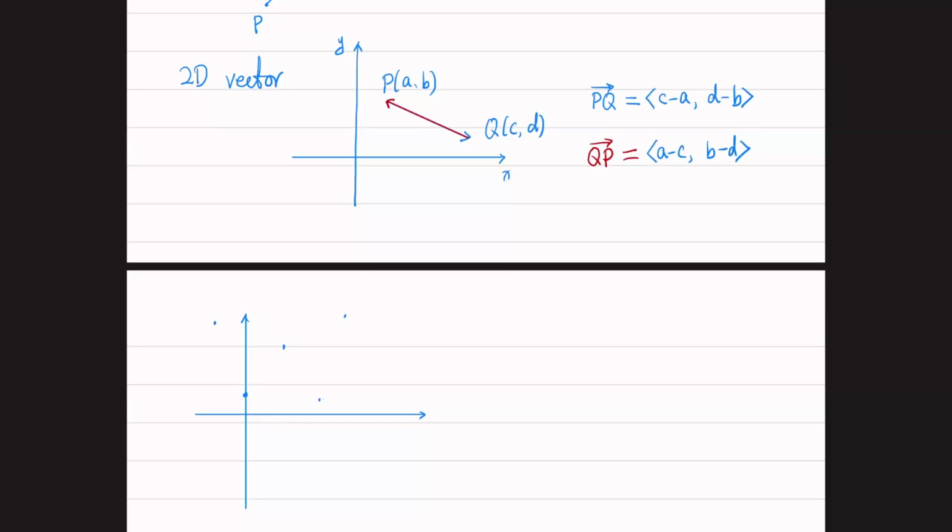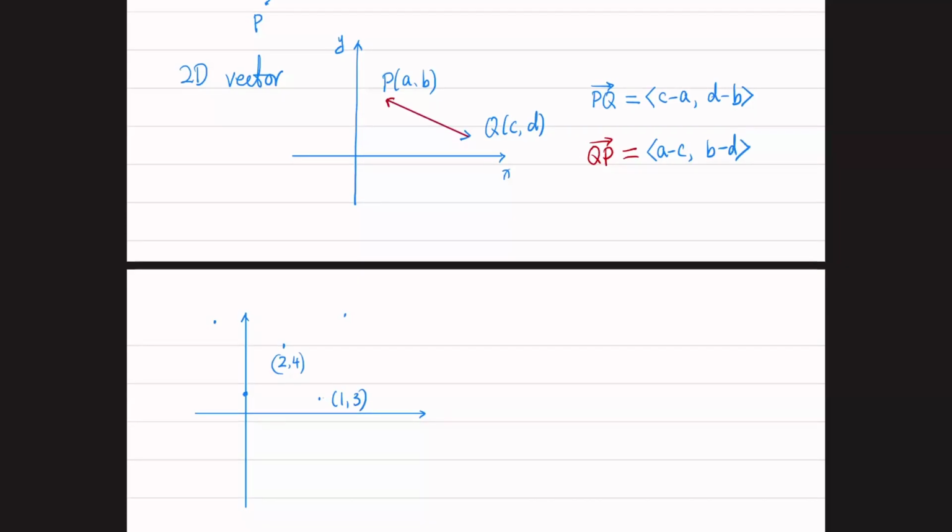This will be 2, 4, 1, 3, 3, 5, 0, 1, 1, 5. Okay, we have several vectors.